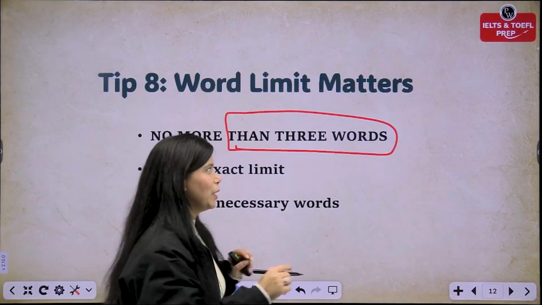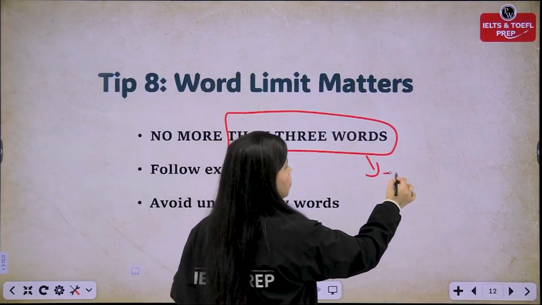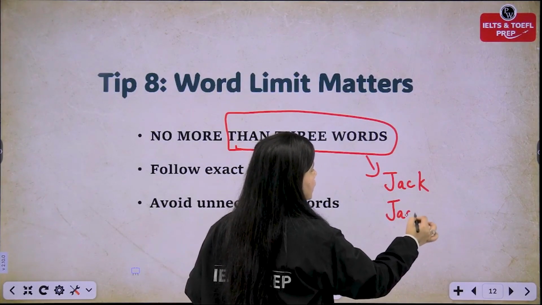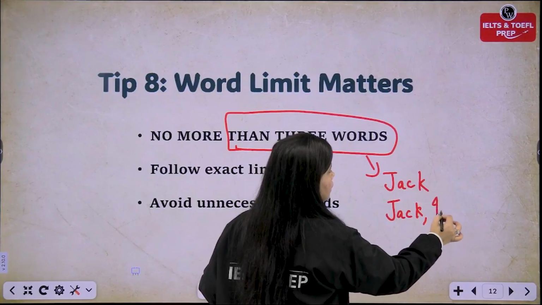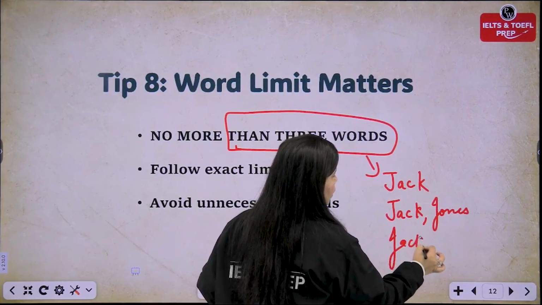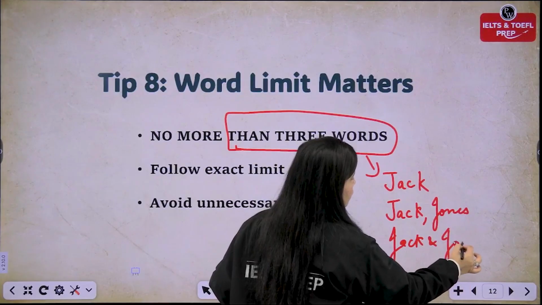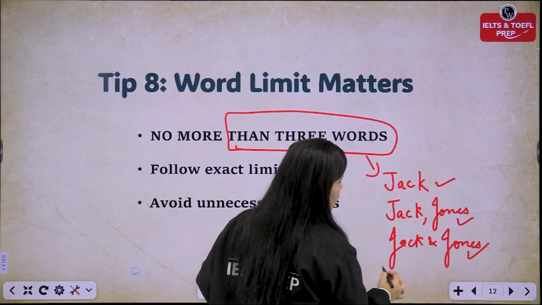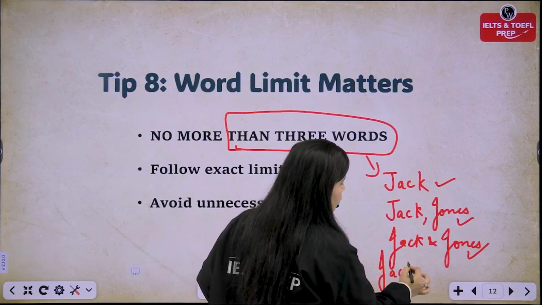If you write, okay, let me give you a quick example. आपको 3 word maximum limit दी गई है, तो क्या आप 3 words ही लिख सकते हो? Let's see. In this case, this is also correct, this is also correct, this is also correct, but this is not gonna be correct.